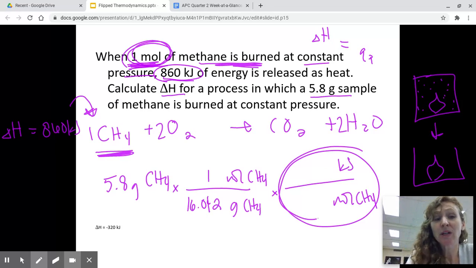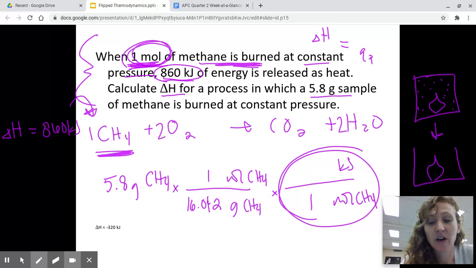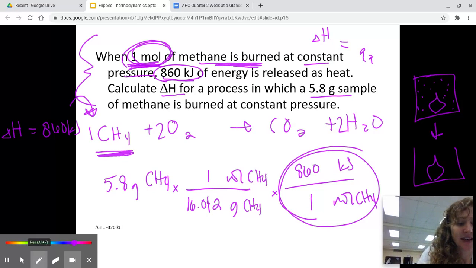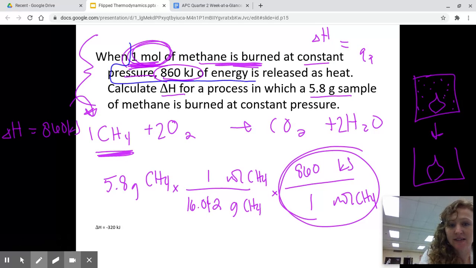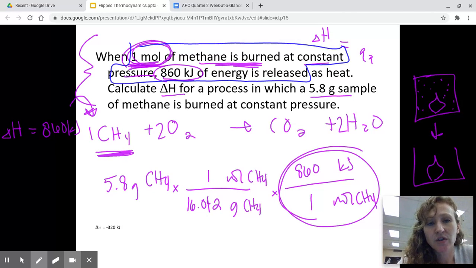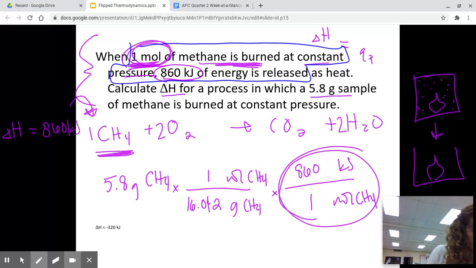This ratio is communicated to you in your paragraph somewhere. It's 1 mole for every 1 mole of methane burned, 860 kilojoules of energy is released. That fraction is this sentence right here. So they give you your conversion factor in your sentence.